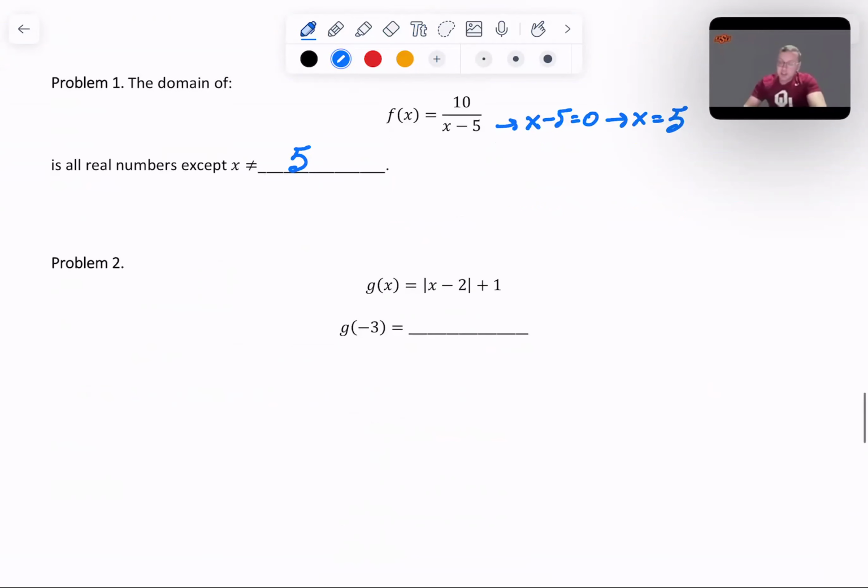And then for the next one, all we do is plug in minus 3. So if I do that, the square root of the absolute value of minus 3 minus 2, plus 1. So minus 3 minus 2 is minus 5. When I take the absolute value of that, it's 5. And I'm left with 5 plus 1, or 6.